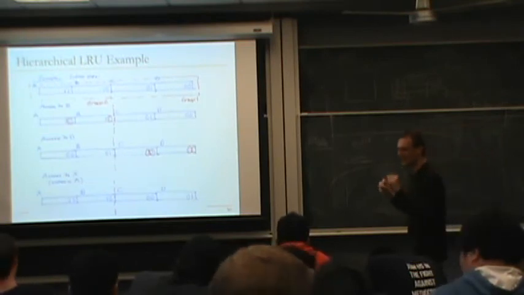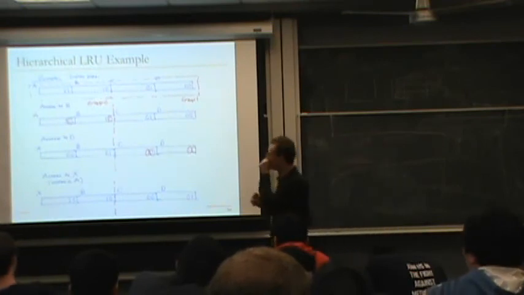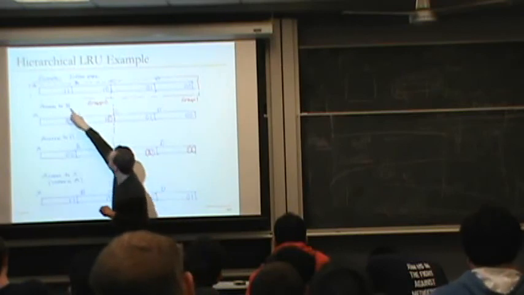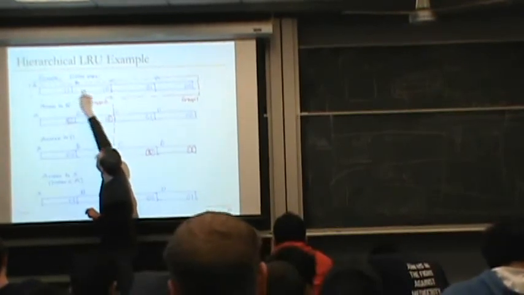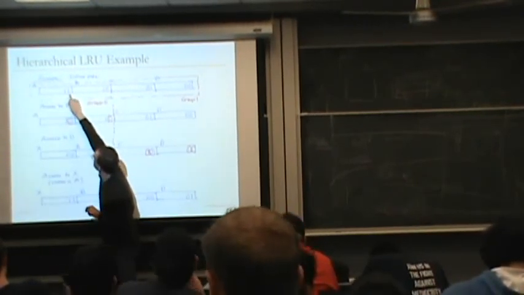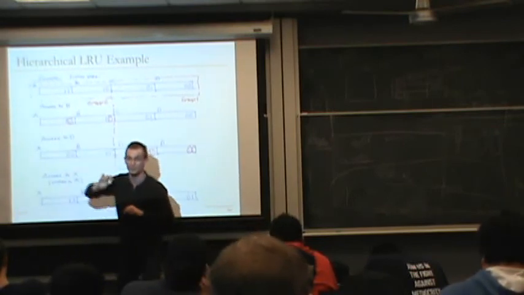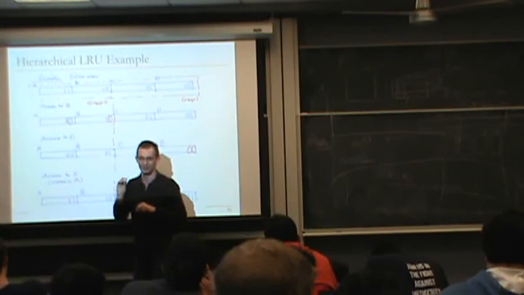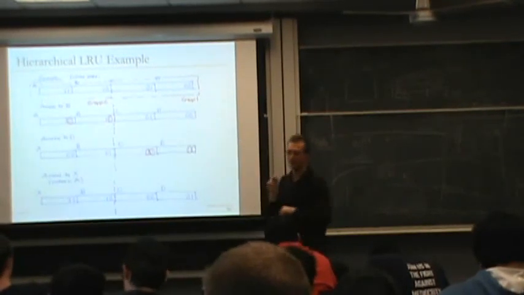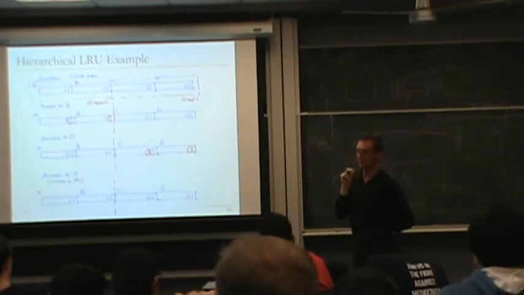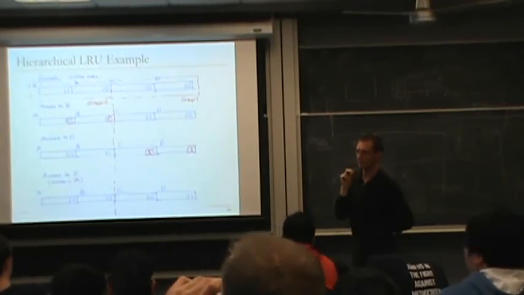I guess I should ask first, what is the information that's being stored here? So the information is essentially, is this the most recently used group? And the second bit specifies, is this the block that's most recently used within the group? Okay, but if I know that a block is most recently used, then don't I know that the group that contains that block is the most recently used group?